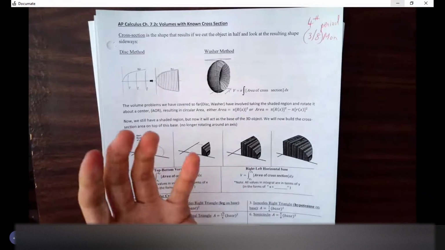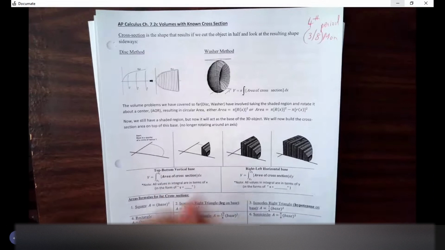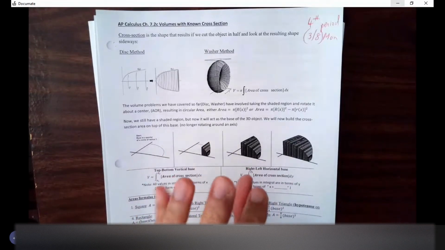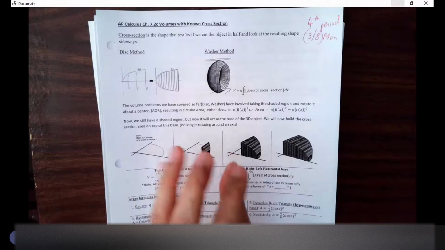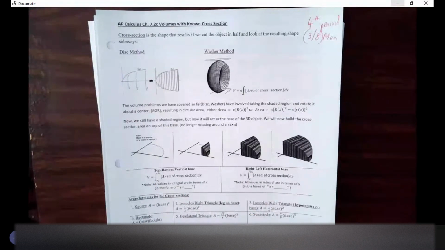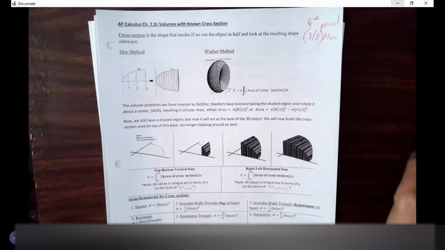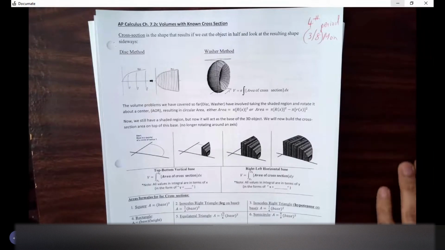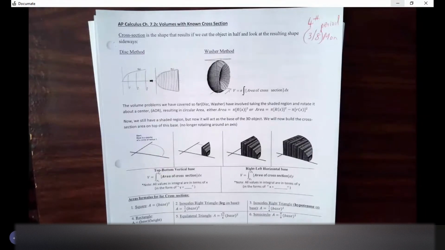The shapes will look a lot different, but our procedure will feel very much the same, we're just making some slight adjustments with our procedure. Okay, but I want to start with disk method and washer method, just so that we can review and also see where that distinction is going to come into play when we talk about cross section.